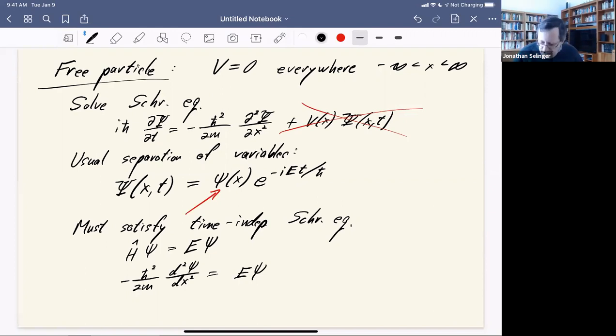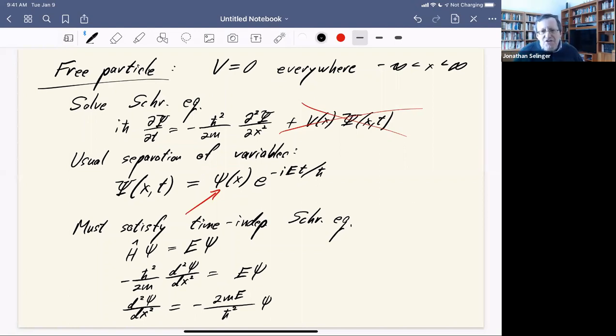So this tells us that the second derivative with respect to x is negative 2mE over h bar squared times psi.